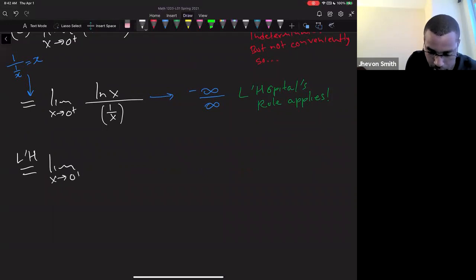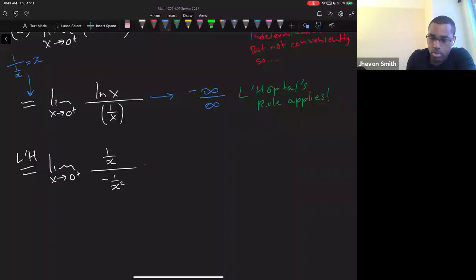That original limit is going to be equal to the same limit if I took the derivative of the top and divided by the derivative of the bottom. Now if I check what this approaches, maybe it approaches something obvious.